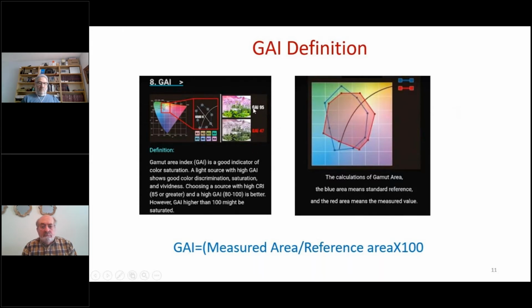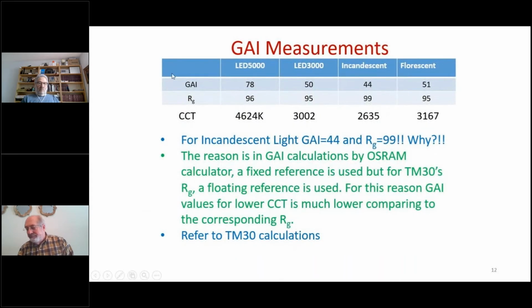If it is a high GAI, 95, it shows good color discrimination, saturation, and vividness. So these are the measurements for the GAI: 78, 50, 44, 51. And if you have also written the RG, which is the equivalent in TM30, 96, 95, 99, 95.